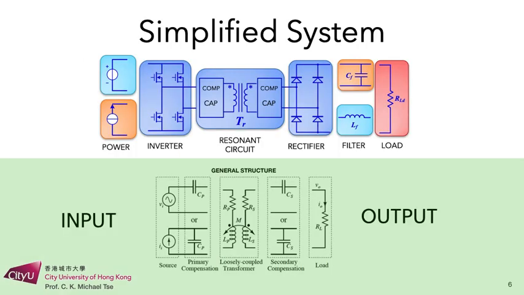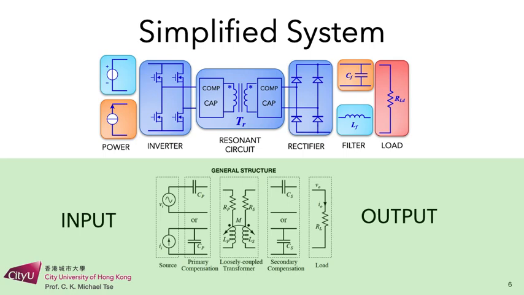Now, here's the simplified system model, with the transformer in the middle, and then we have the primary compensation circuit and the secondary compensation circuit. This is the inverter necessary for converting DC to AC, and then from AC to DC through the rectifier.